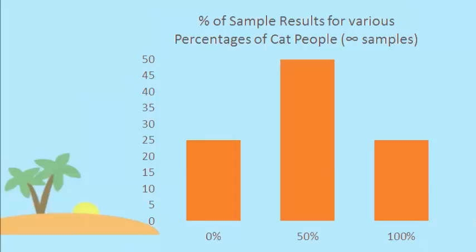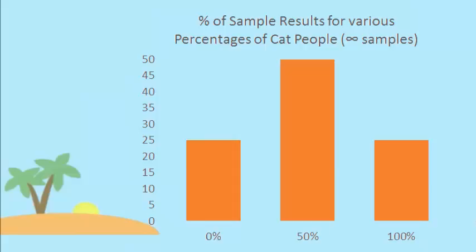In fact, in a population with equal numbers of cat people and dog people, there is a 50% chance that a sample of 2 will show unequal numbers of cat and dog people, even though in the population there are equal numbers of cat and dog people.